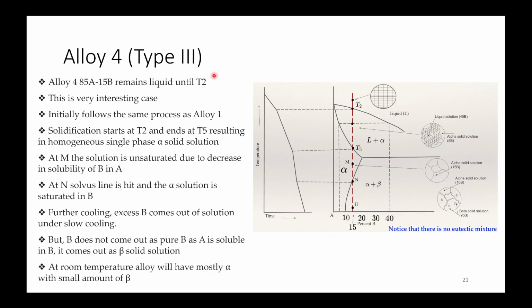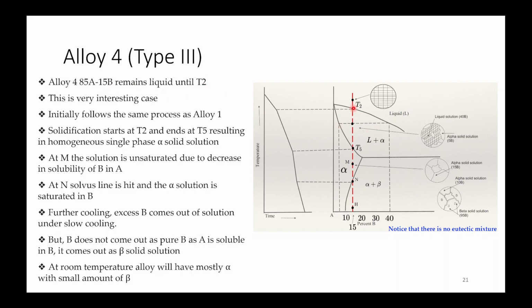Now alloy 4. In this case, you will see it has a different type of structure compared to the others. Here it will undergo formation of beta without any eutectic reaction. In this case you have 15% B, which remains liquid until T2.